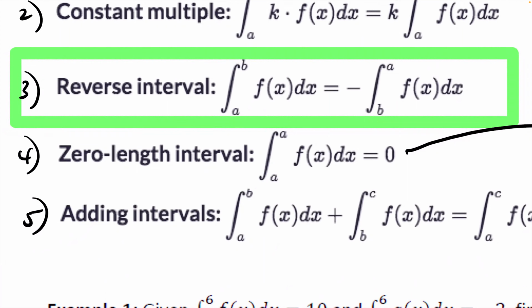We always need the lower bound first. Anytime we're doing integration, the lower number, value, bound, whatever you want to call it, has to go on bottom. And the upper bound, bigger value, bigger number, has to go on top.